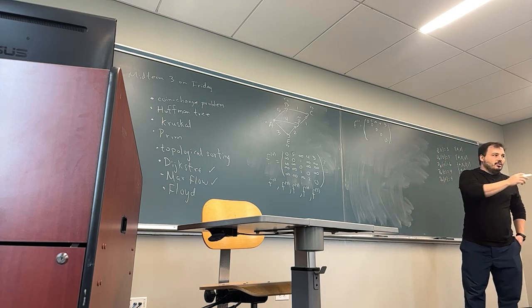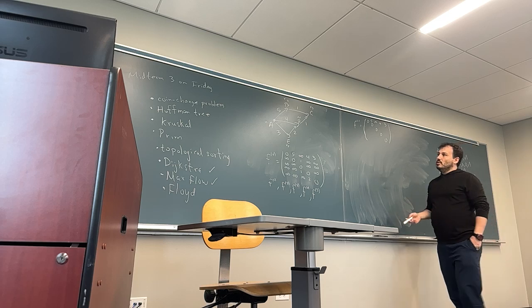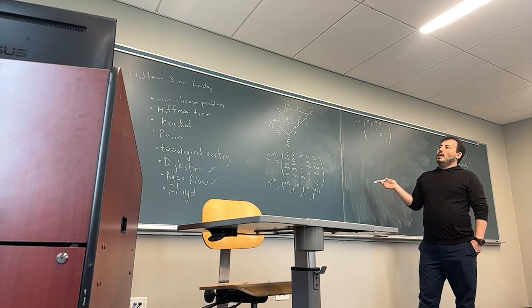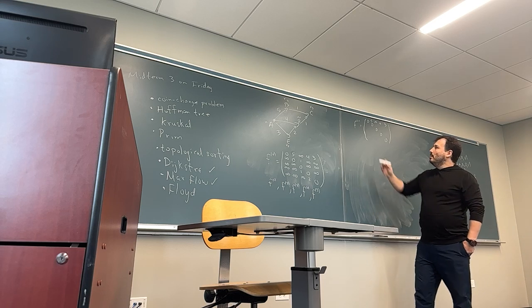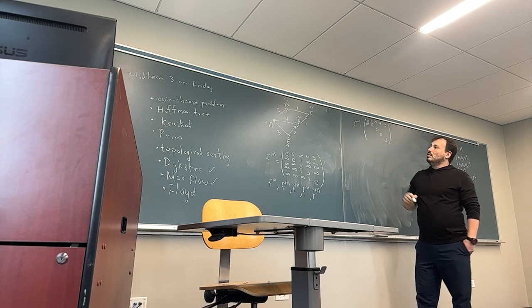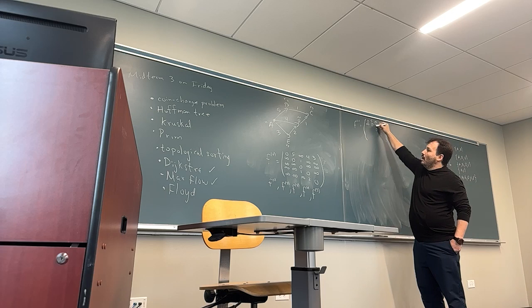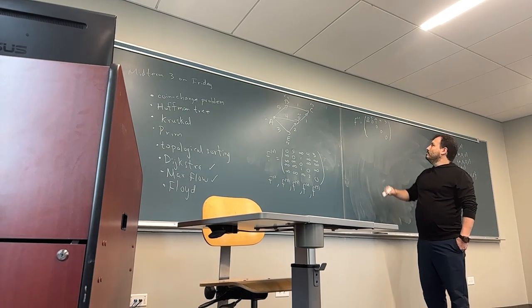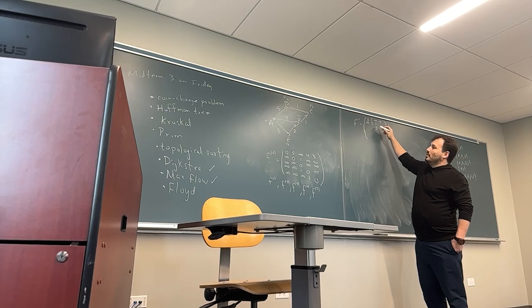Then how do you do the second row? Basically you want to go from B to all the other guys, and you're allowed to use A. So it's not going to help.